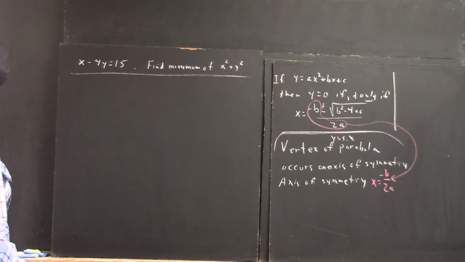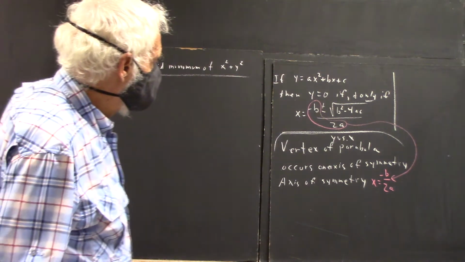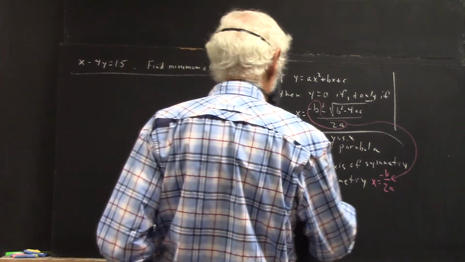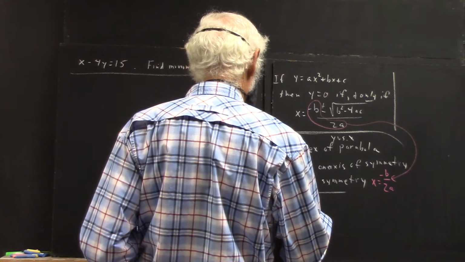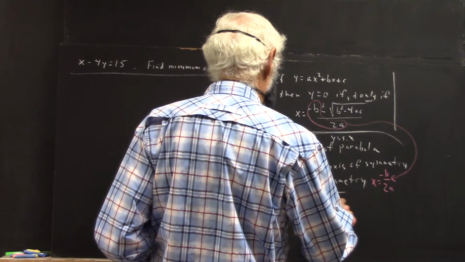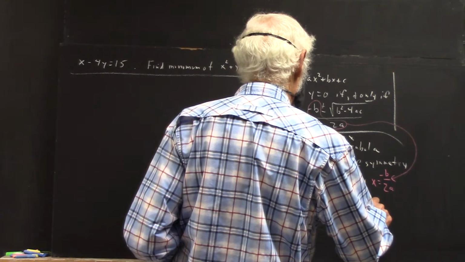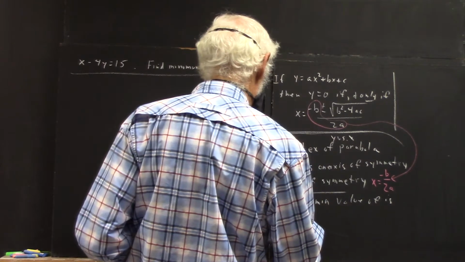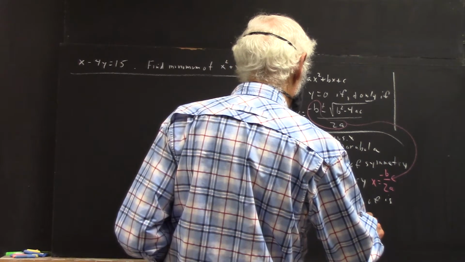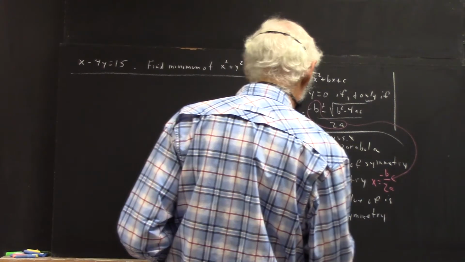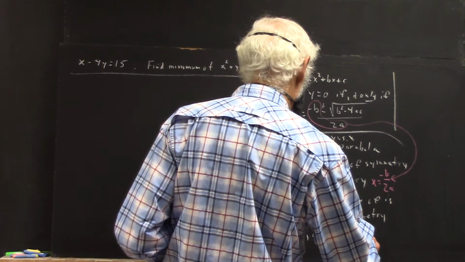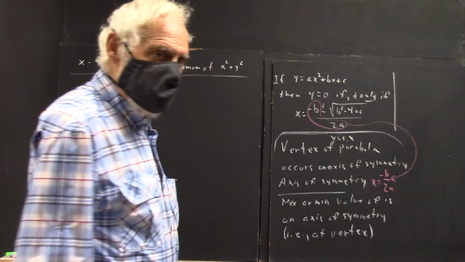Now, if we want to get the maximum or minimum values, they are on the axis of symmetry.